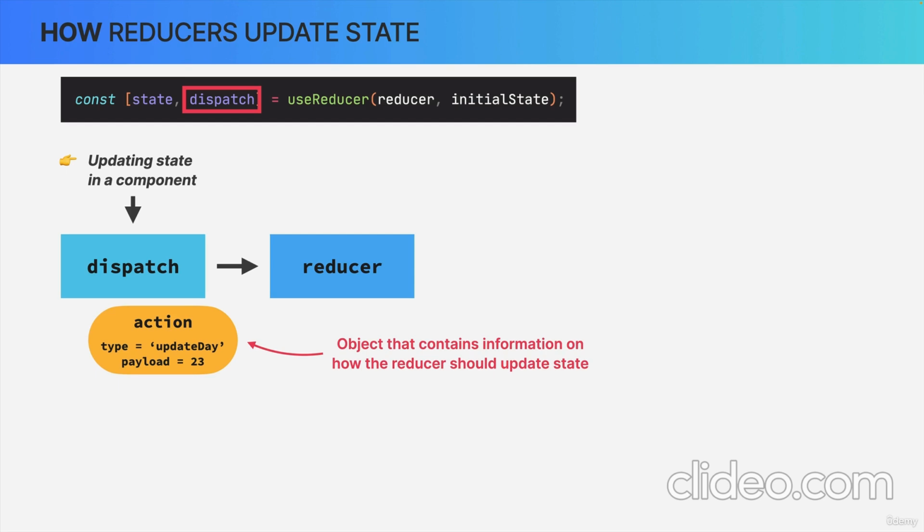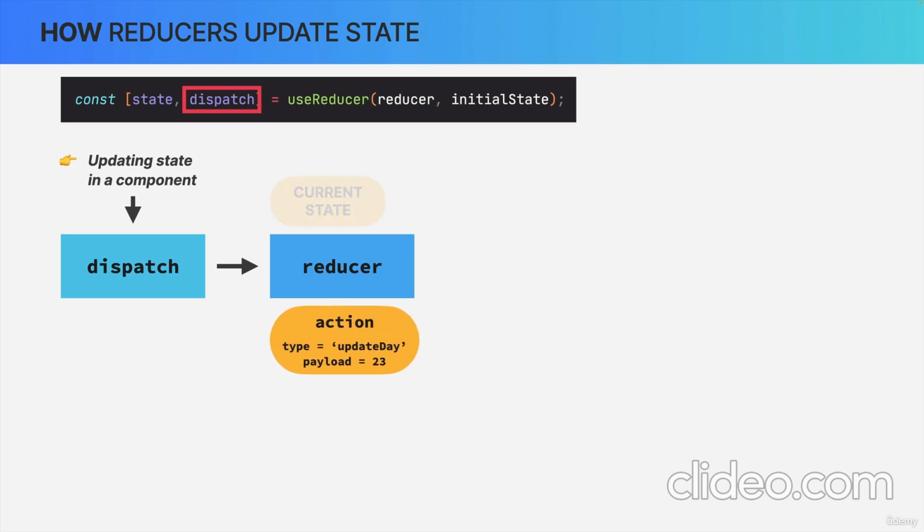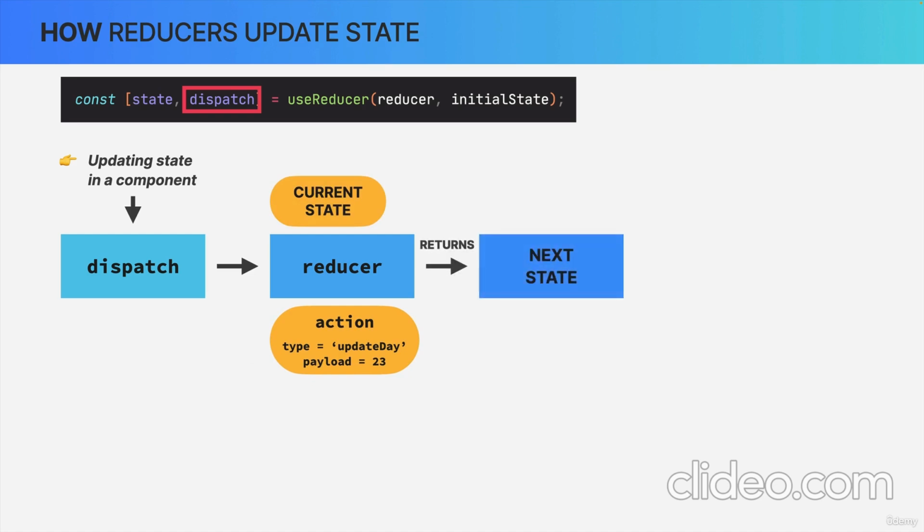Now, basically, the reducer takes in this action together with the current state, and it will then return a brand new state object, which we usually call the next state in the context of reducers. And as always with state, updating state will then trigger a re-render of the component instance.